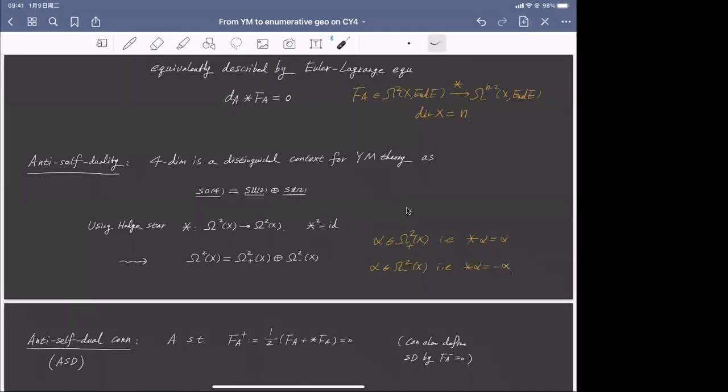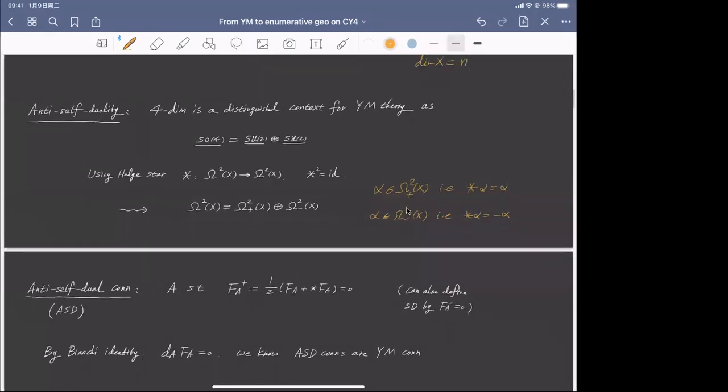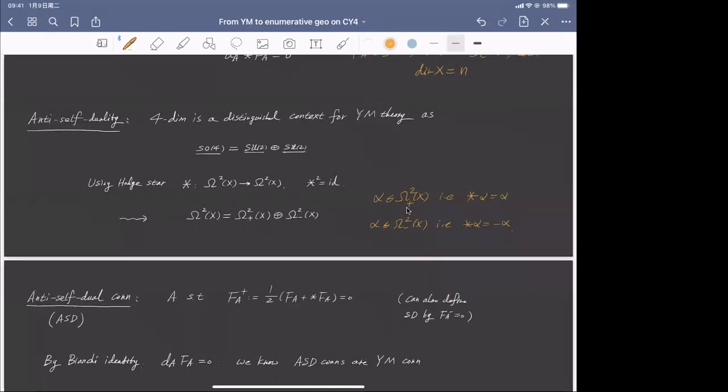This is quite elementary. By this trick, we can define what is called an anti-self-dual connection: a connection such that the self-dual part of its curvature is 0.